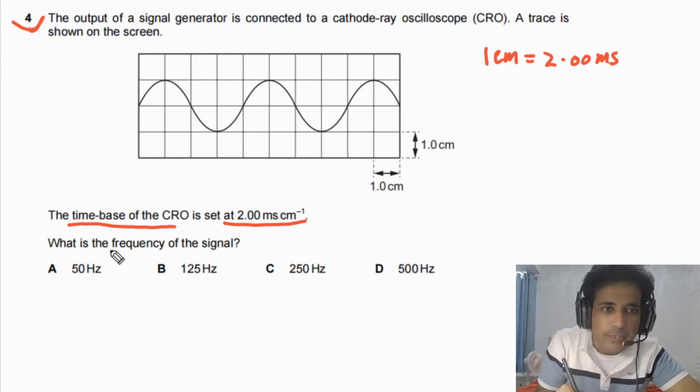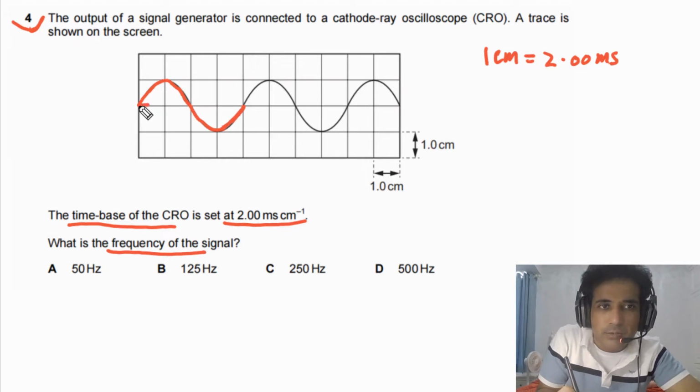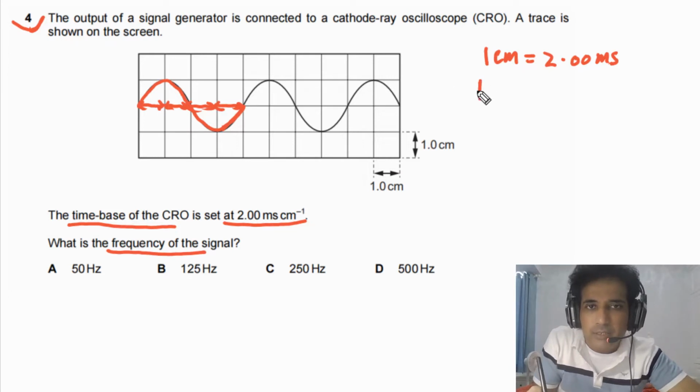We need to find out the frequency of the signal. If you look at this signal, this is one wave, and the time taken is equal to the time period. So we can see here we have 1 centimeter here, and this is second, and this is third, and this one is fourth. In this case, we can simply say time period is equal to 4 centimeters.